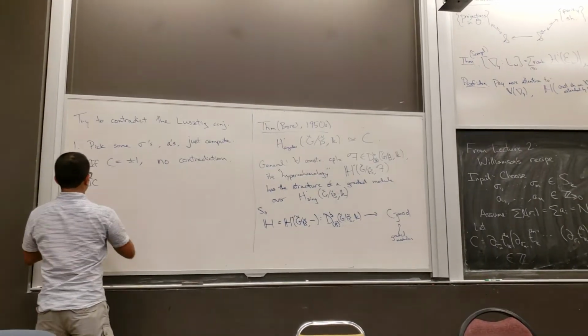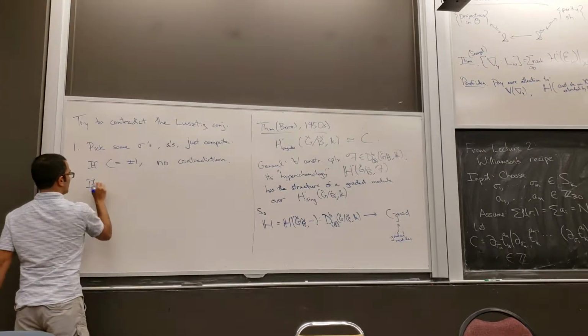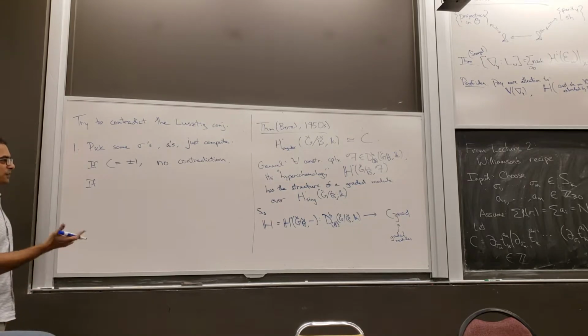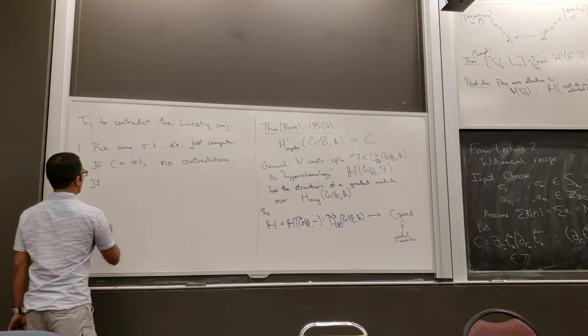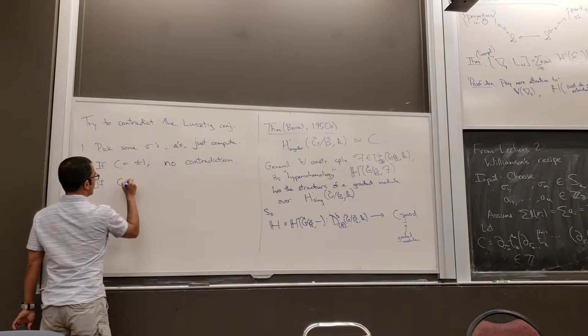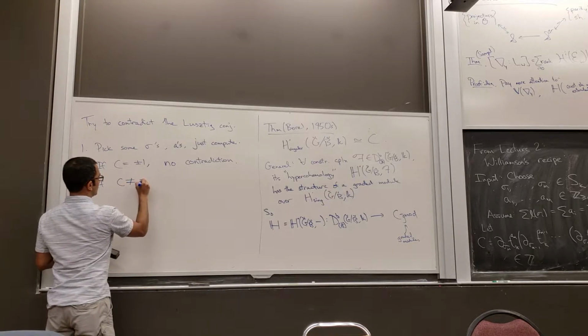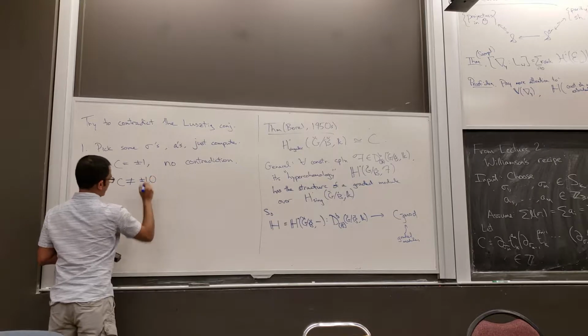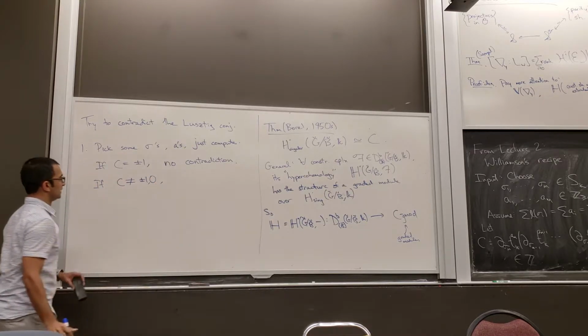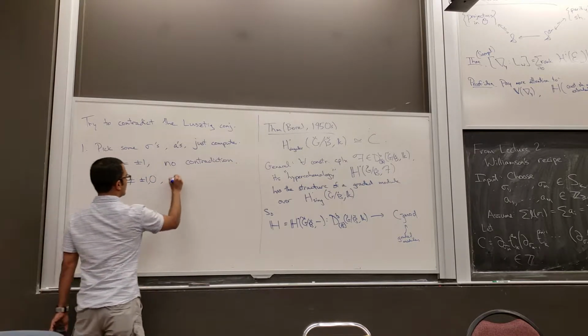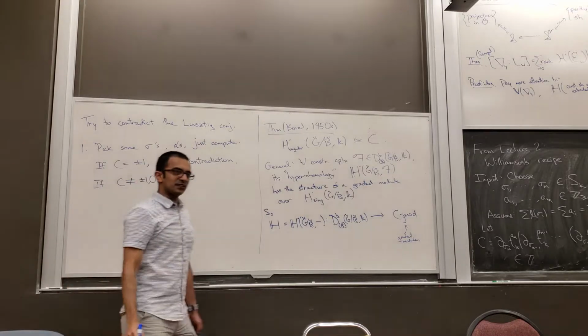If C is different from plus or minus 1, and you can prove that C will never be 0, so it's automatically different from 0, then do you get a contradiction?